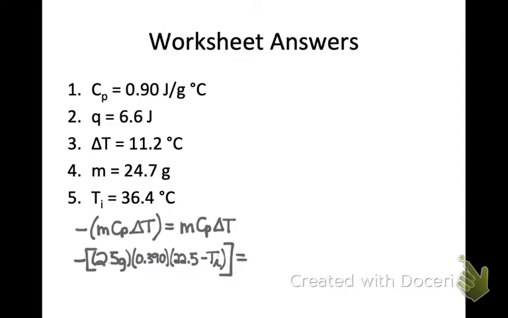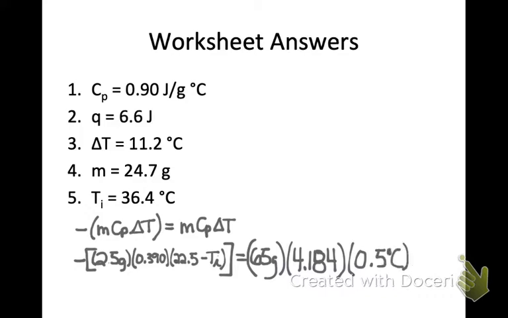On the water side, we have 65 grams of water, and C sub P of water is 4.184 joules per gram degree C. And the delta T, here we're going from 22 degrees C to 22.5 degrees C, so our temperature change is only half a degree. And now we're going to solve for Ti.